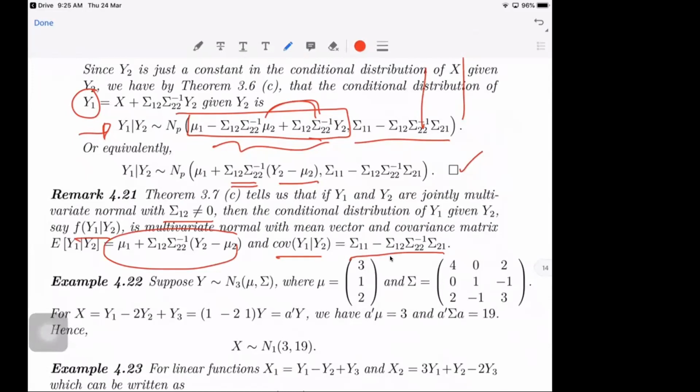Now this result is very useful when you apply it with actual data.